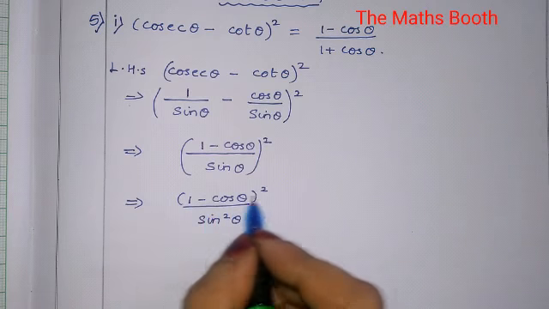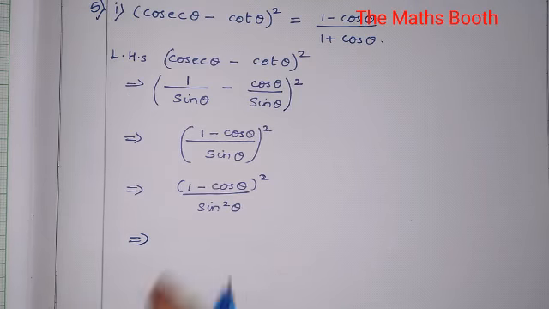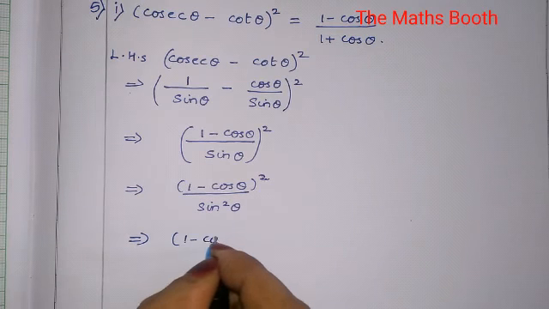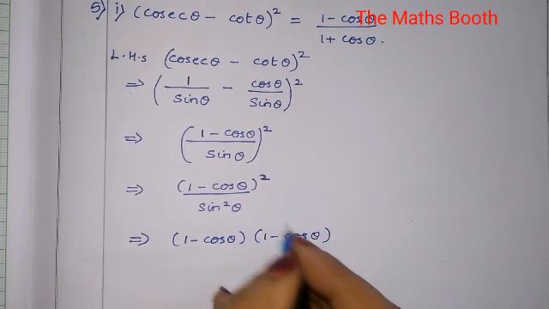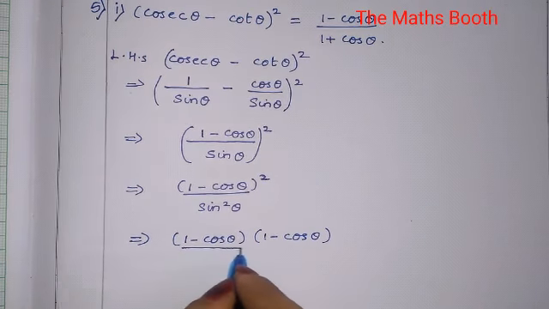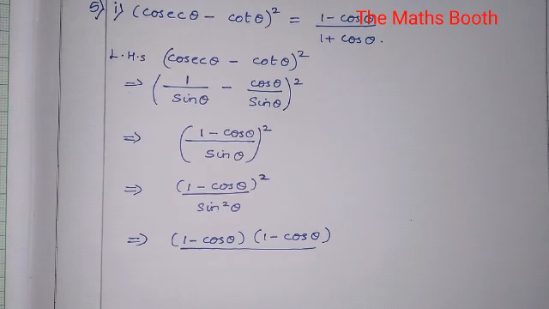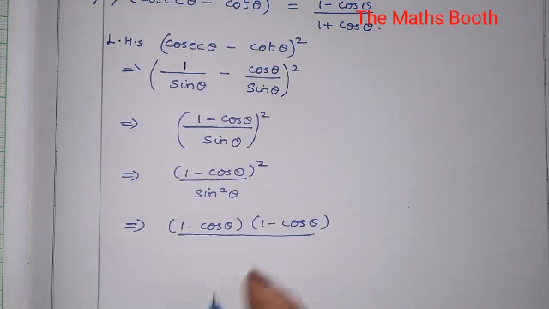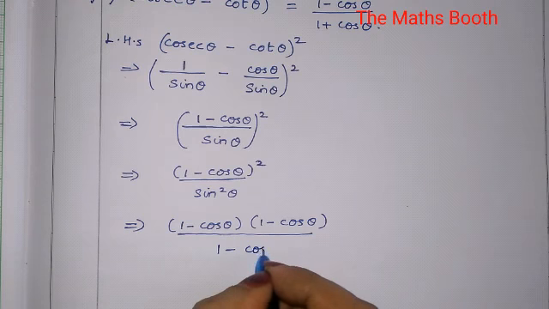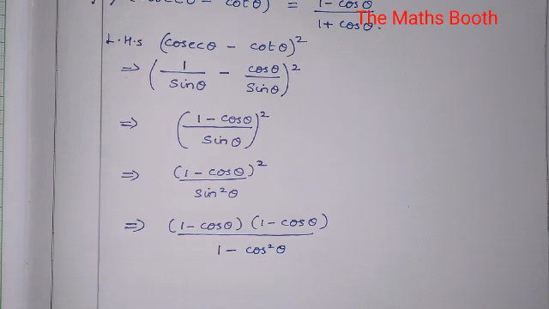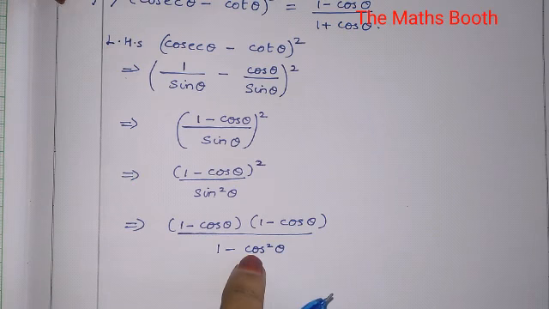Now (1 minus cos theta) square is nothing but 2 times, so let me write 2 times (1 minus cos theta)(1 minus cos theta). 2 times I have written because it is a square here, and we know that the identity sin square theta is nothing but 1 minus cos square theta. I have told in identities that sin square theta is 1 minus cos square theta.